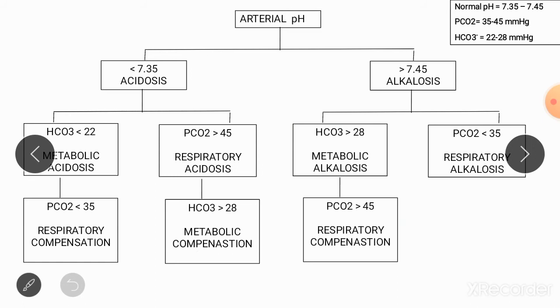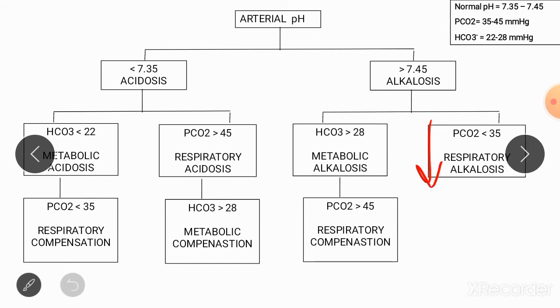Next, we come to respiratory alkalosis, and as I mentioned before, when a person is suffering from hysteria and is hyperventilating, this person is going to blow off a lot of carbon dioxide, and the carbon dioxide which is left behind is very little and its partial pressure is reduced. You will immediately understand that the person is suffering from respiratory alkalosis.